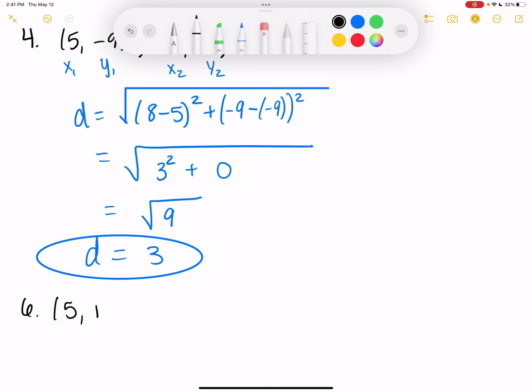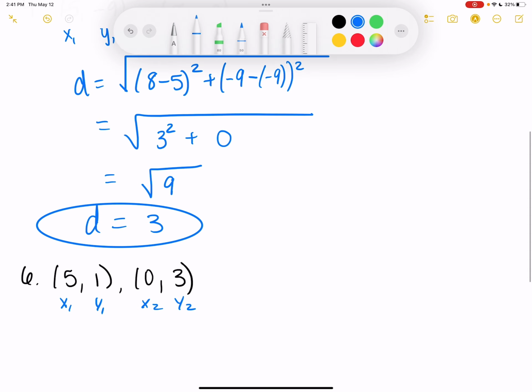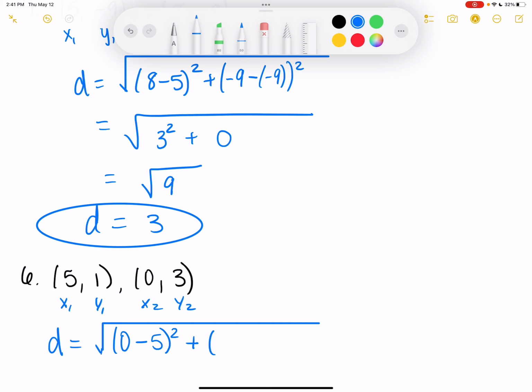First point is 5, 1. Second point is 0, 3. So x1, y1, x2, y2. The distance is the square root of x2, 0, minus x1 is 5, squared, plus y2 is 3 minus y1 is 1, so 3 minus 1 squared.